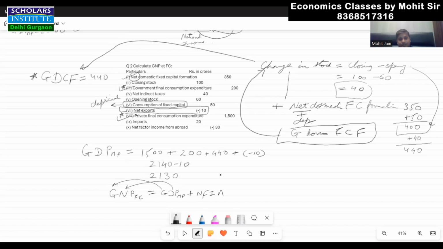And from MP to FC, we need to subtract net indirect taxes, minus NIT.